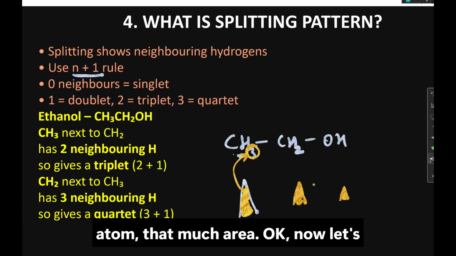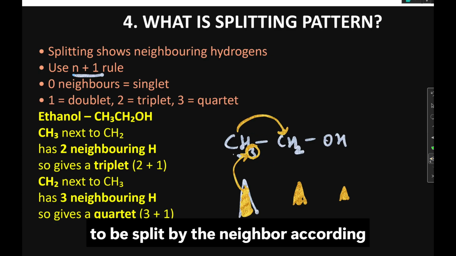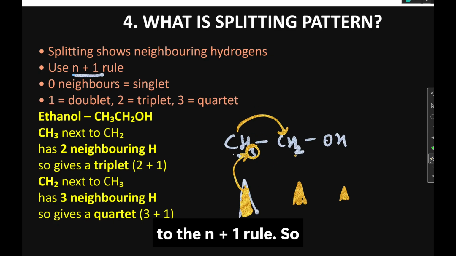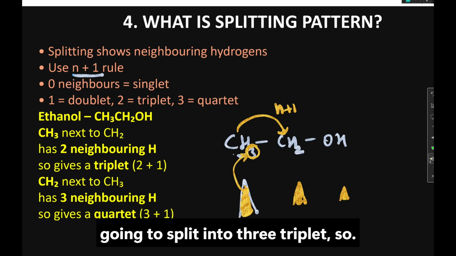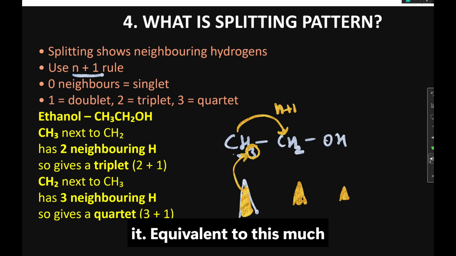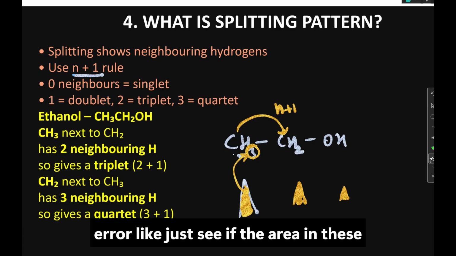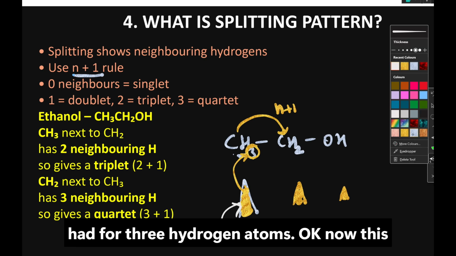Now let's talk about splitting. This peak is going to be split by the neighbor according to the n+1 rule. So here n+1 means this is going to split into a triplet, but please make sure the total area is equivalent to the area you had for three hydrogen atoms.